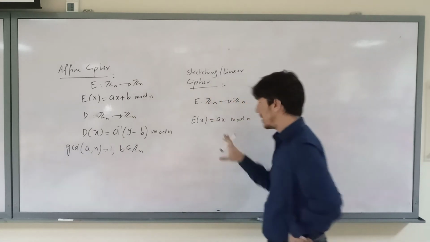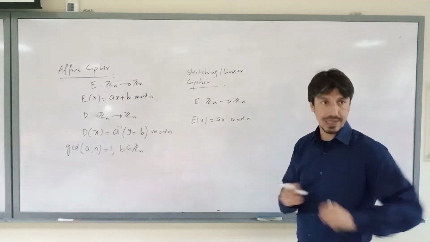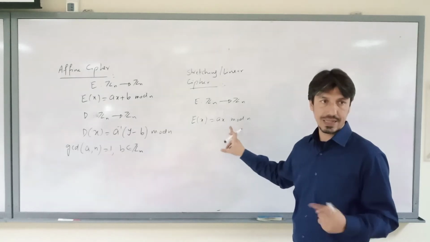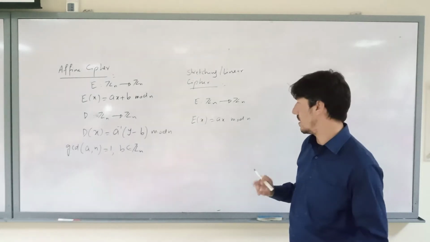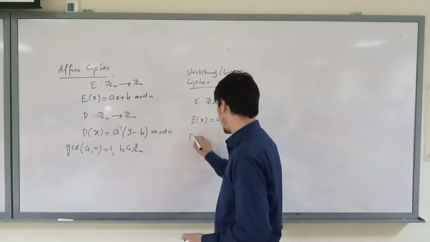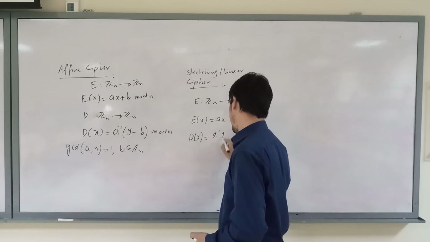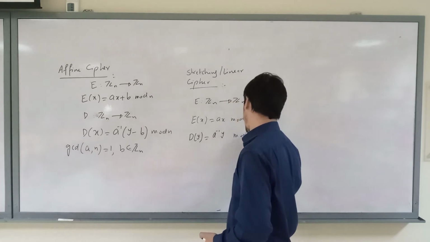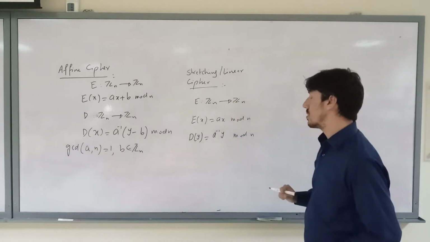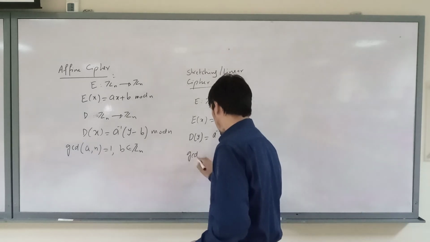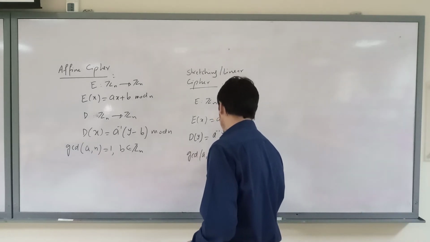Not adding b, just take A times X. I call it a stretching only. You just multiply A with X, and A is a stretching parameter. And decryption is A inverse of y mod n.